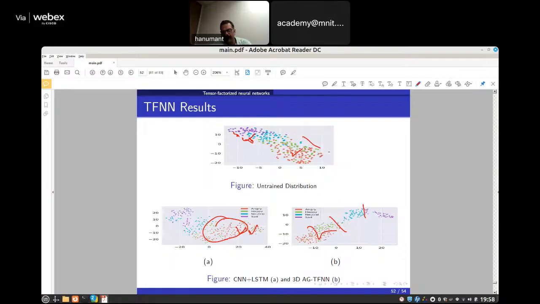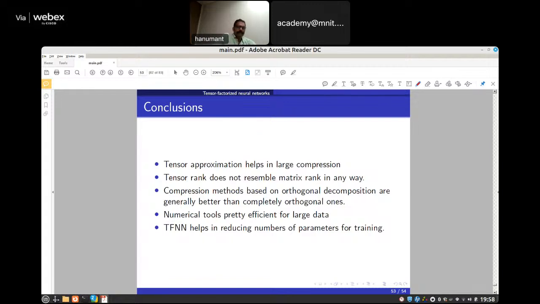So I just want to conclude now. The take home message is that we have to represent our data in its natural format as much as possible, and especially in the three-dimensional case, tensors help in large compression.